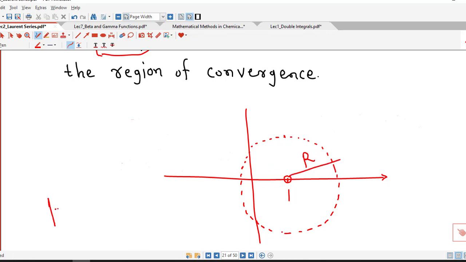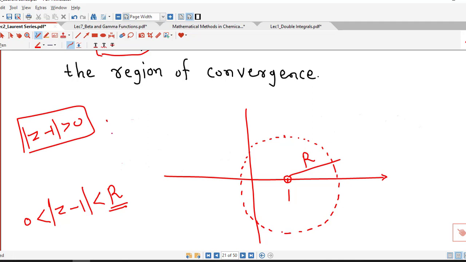If we consider any circle with center z equal to 1 and any positive radius r, and if we exclude the center, that is, if we consider the condition absolute value of z minus 1 positive, that means z minus 1 is never 0. This implies z is not equal to 1.